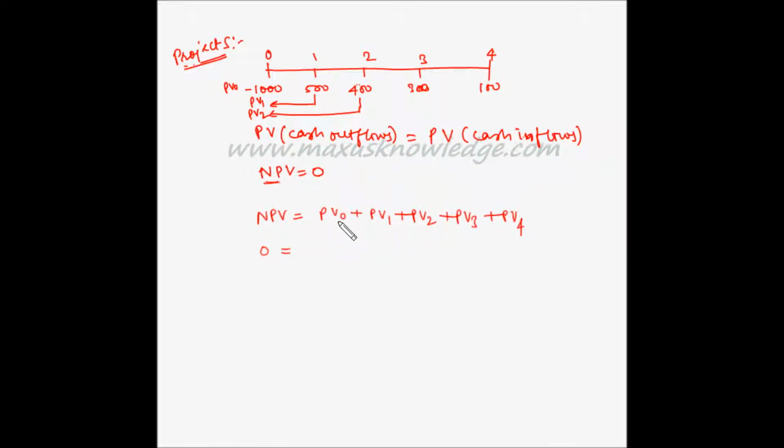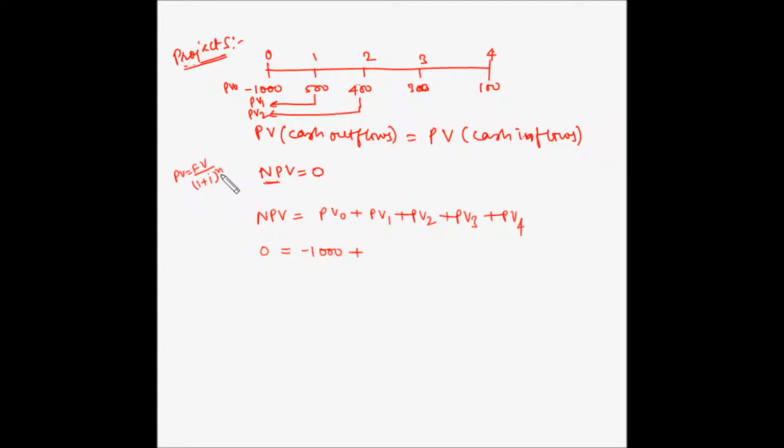This is equal to, now PV0. So for the cash outflows, we'll take a negative sign. So PV0 will be represented as minus 1000 plus PV1: 500 will be discounted at IRR to create PV1. Now we know that PV is equal to the future value divided by (1 plus I) to the power n.